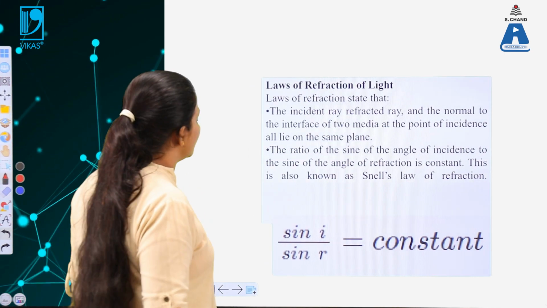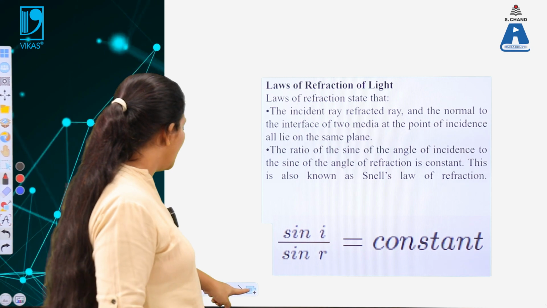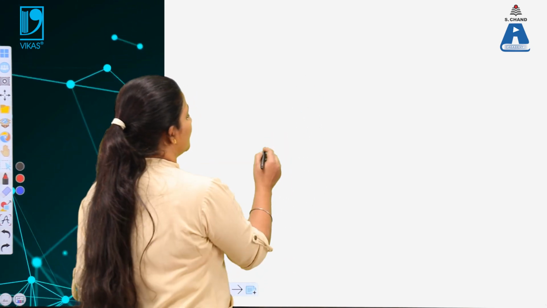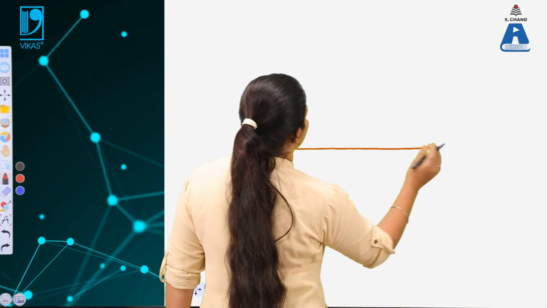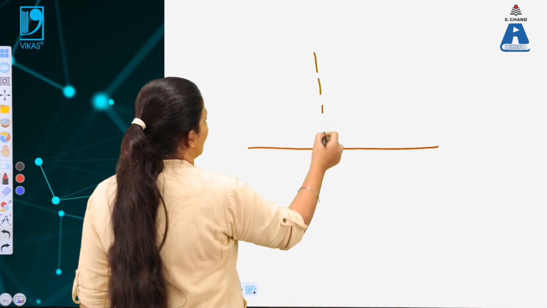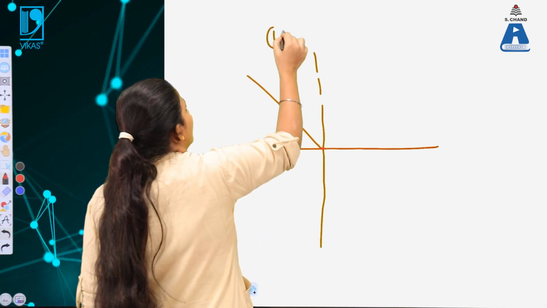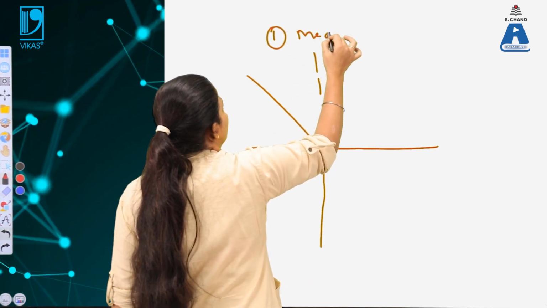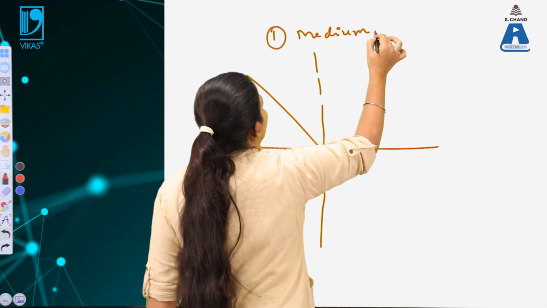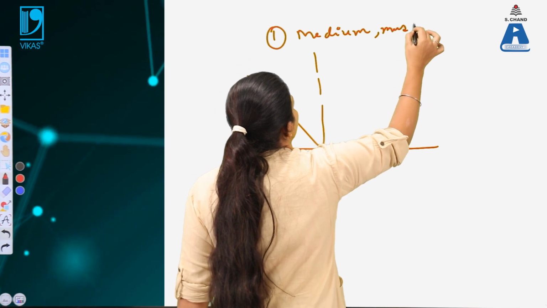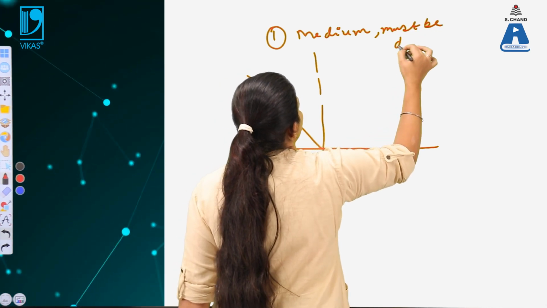Basically, first, why is there refraction of the light? We know that if there is a normal, the first requirement is that the medium must be different. A different media must be present.